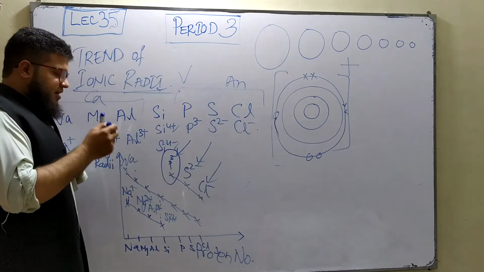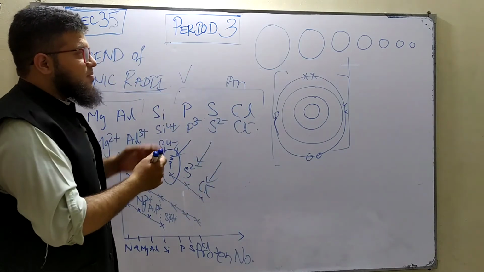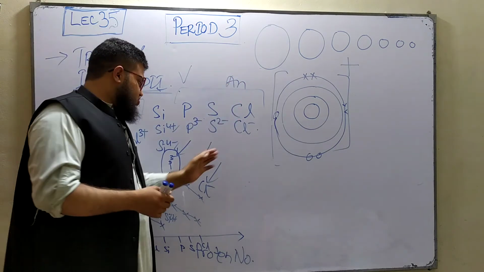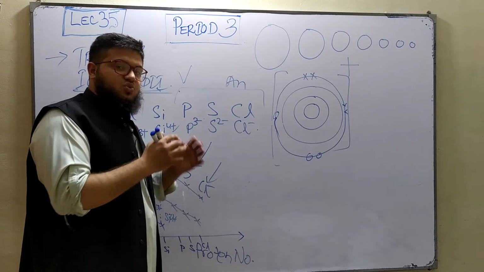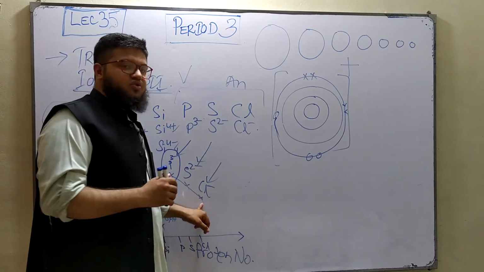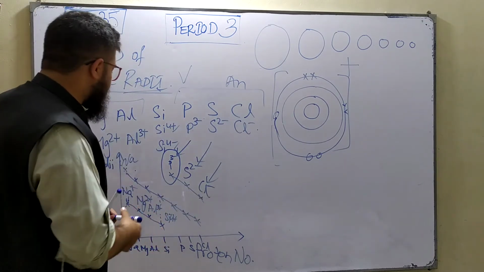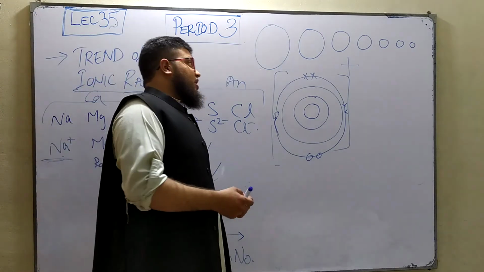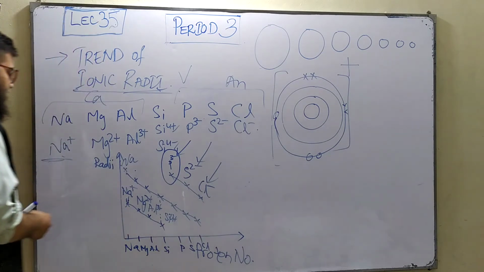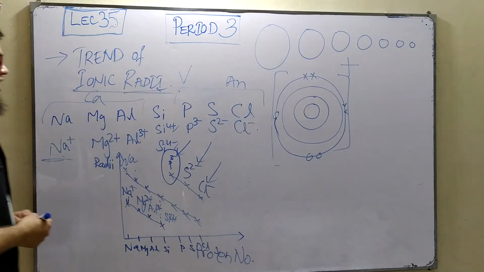The reason remains the same: as we go across the period, the nuclear charge is increasing, so the pull on the electrons by the nucleus keeps increasing, due to which the radius decreases as we reach chloride. Argon has been omitted because it is a noble gas and an exception. This sums up the ionic radii.